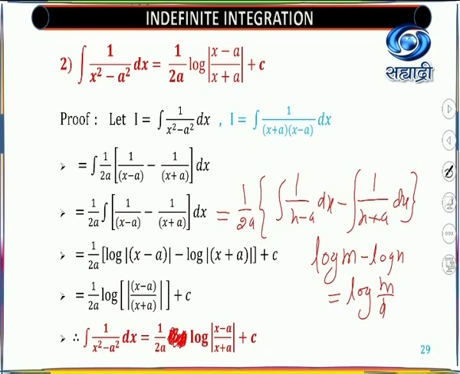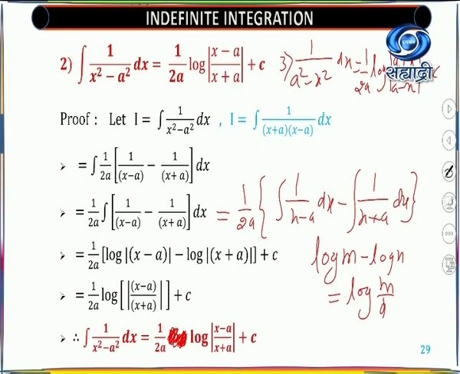Now the third example I will not solve because it is similar, that is integral 1 upon a square minus x square dx, and as you know its value is 1 upon 2a log mod of, I told you it will be reversed, that is a plus x upon a minus x plus constant of integration.